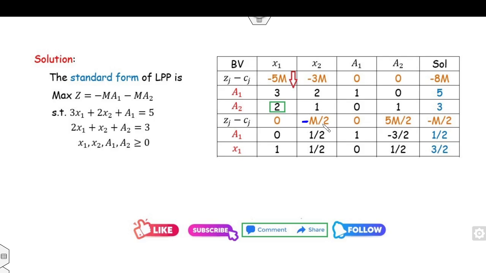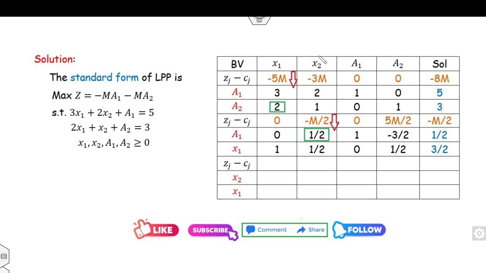Since there is only one negative value, you can enter this variable. What is the ratio? So half divided by half is 1. 3 by 2 divided by 3 is my 3. And you can see the minimum value is my A1. And this is my box element. Fine. I can replace the A1 with the variable X2.